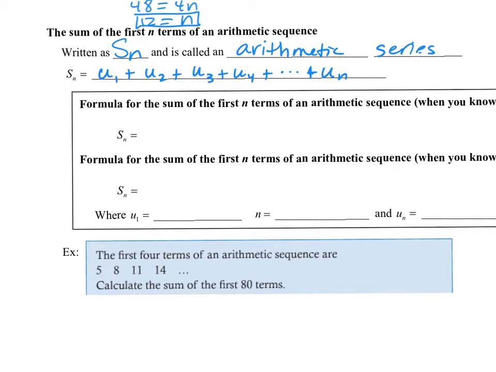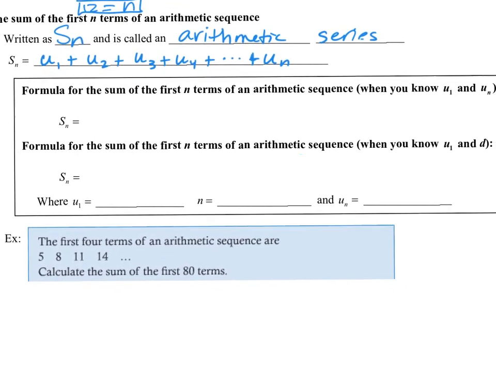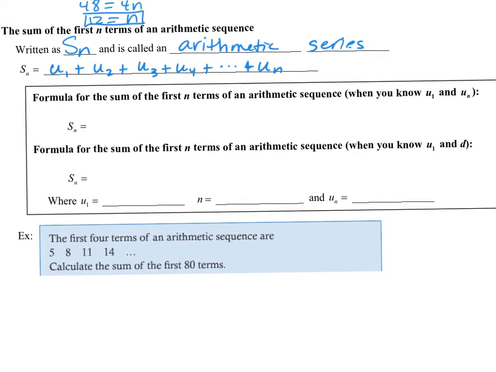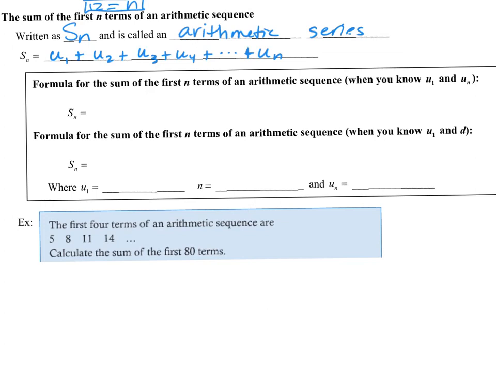Okay, so we have a formula, actually a couple of different formulas, that we're going to use for finding the sum of the first n terms of an arithmetic sequence. The first formula we're going to learn is one you use when we know the first term and we know the last term.